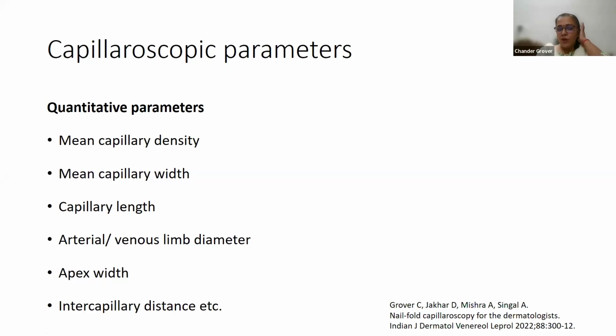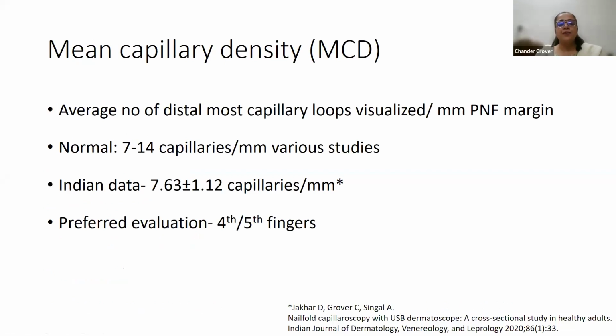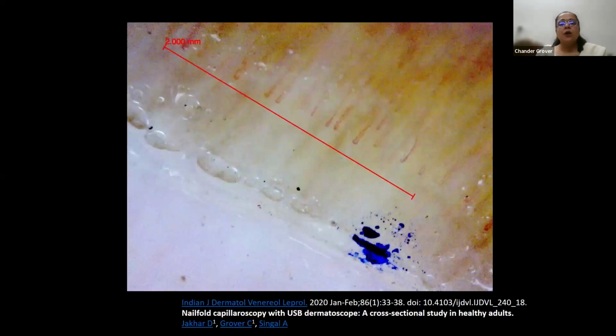So you have the quantitative parameters, in which with our dermatoscopes we are able to see the mean capillary density. For the rest, you require proper video dermatoscopes. This is how you calculate the mean capillary density: count such 2 mm areas over 4 nails and divide by the denominator to see how many capillaries per mm.